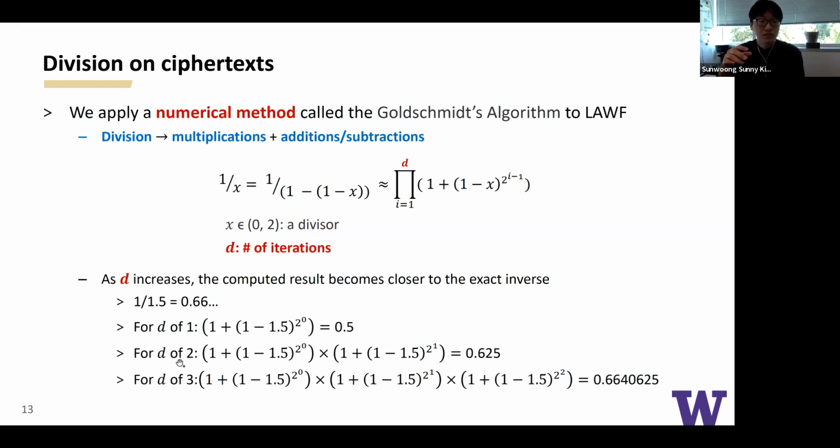But with 2 iterations, the approximate value becomes 0.625. And with 3 iterations, the approximate value becomes 0.6640625. So that is a trade-off, accuracy versus computation. But the important thing is we can perform division in the homomorphic encryption domain, not using actual division operation.